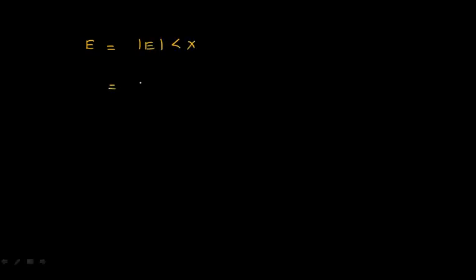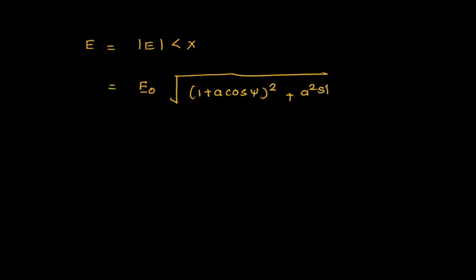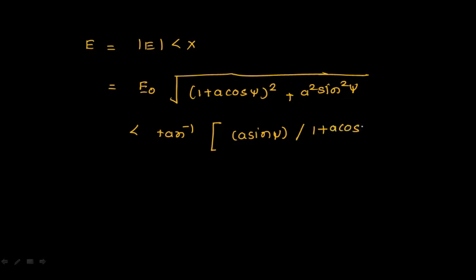So this will be E0 times the square root of (1 plus A cos psi) squared plus A square sine square psi, at the angle tan inverse of A sine of psi divided by 1 plus A cos of psi. So this is all about case number 5, where your amplitudes are different and your phases are different.